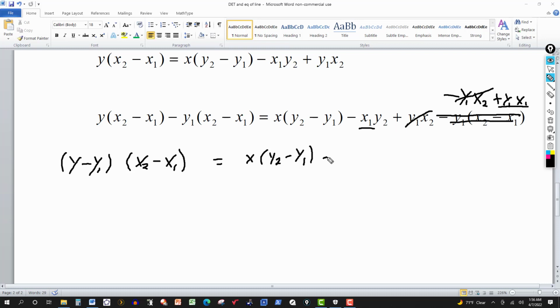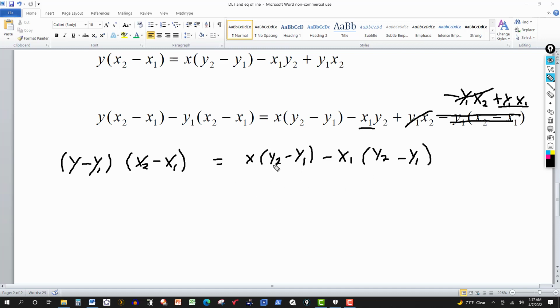So let me do it this way. Minus x sub 1. From this one, then I take out the minus x sub 1. That leaves me with y sub 2. And on this one, I take out the minus x sub 1. And that's going to leave me with a minus y sub 1.